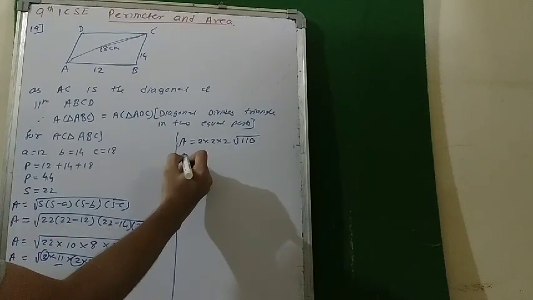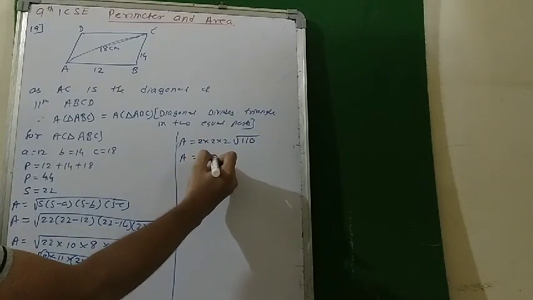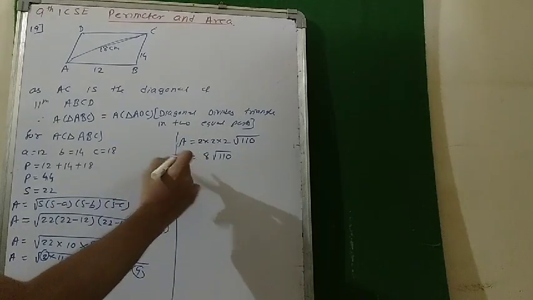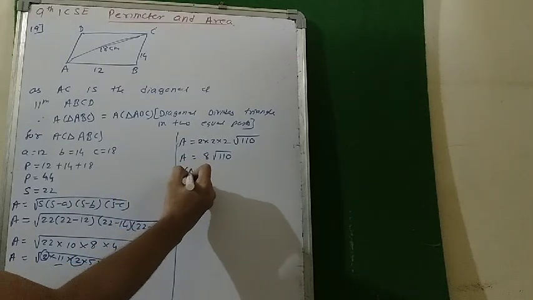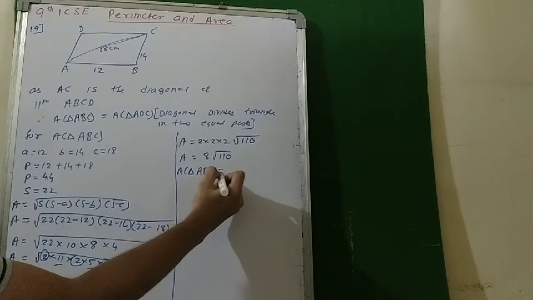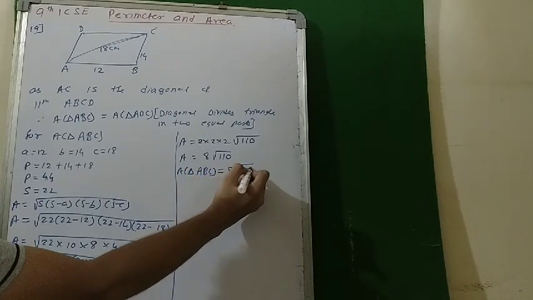Okay, we have 110. So it is 8 into 110. Now this is the area of triangle ABC, that is 8 into 110.